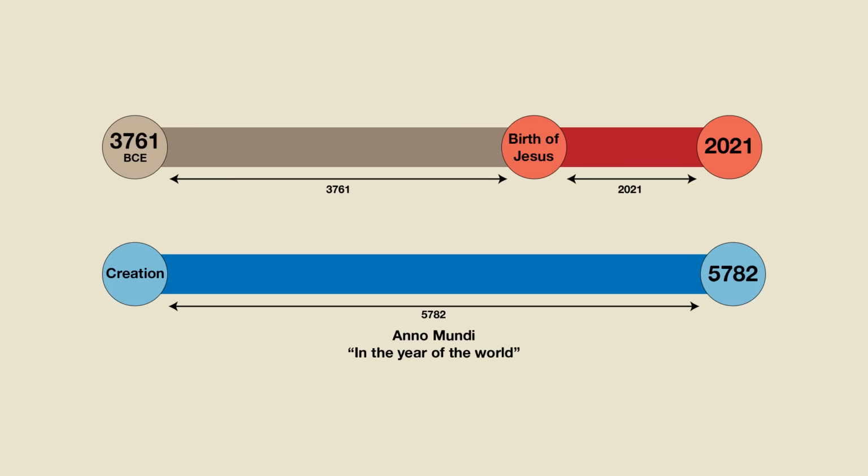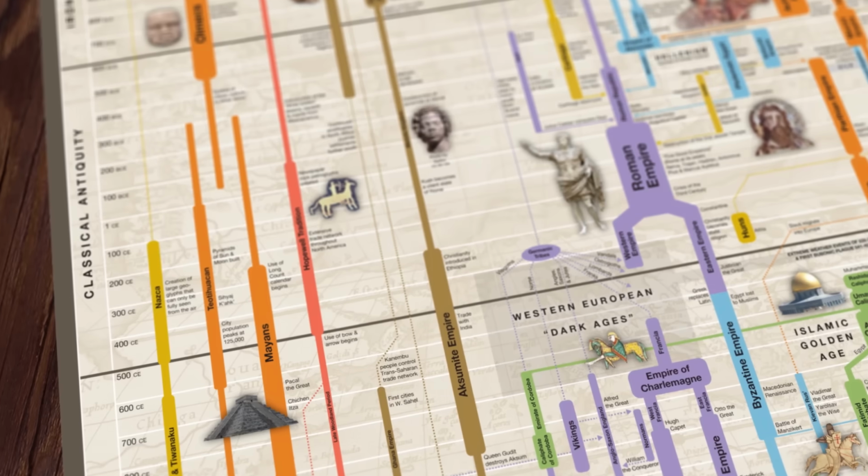Now, putting aside the fact that modern science tells us that the Earth is actually over 4.5 billion years old, still, you might find the date 3761 BCE a bit surprising, especially if you come from a Christian background, because Christians, at least those who take the Bible literally, usually give a date for creation somewhere around 4000 BCE. Why then is the Jewish date so different? Well, that's what we're going to find out.